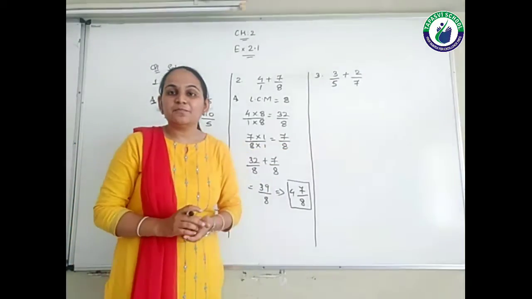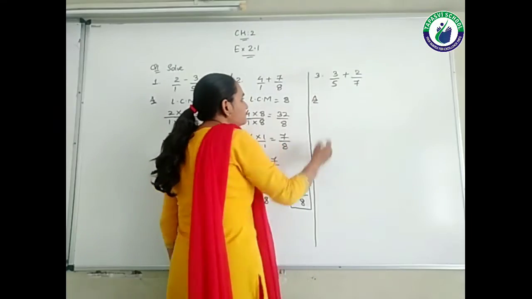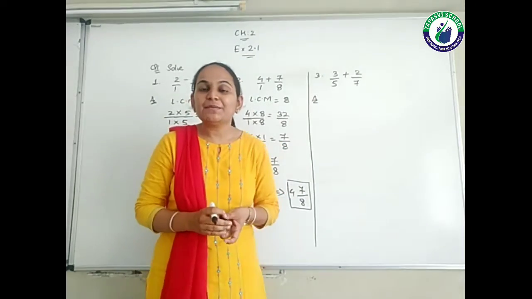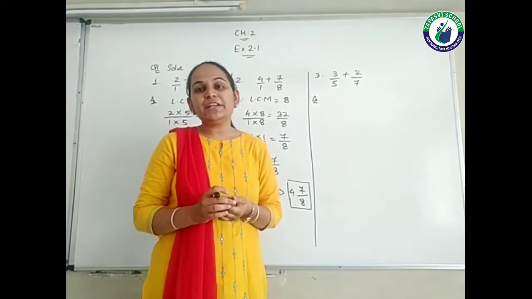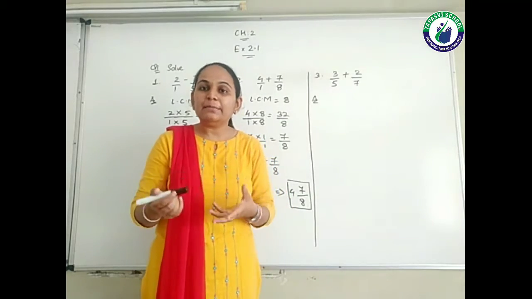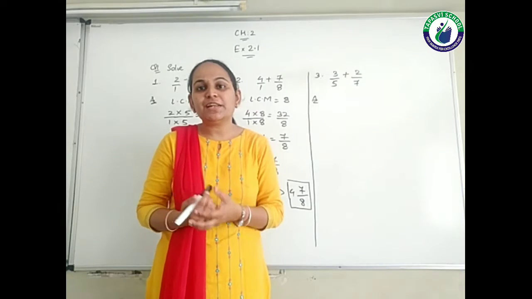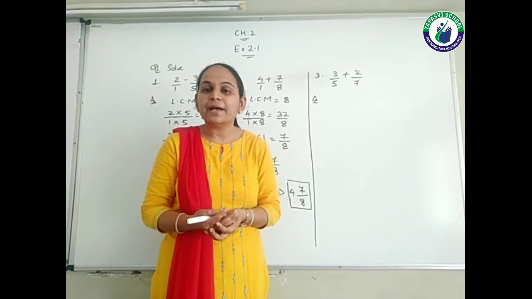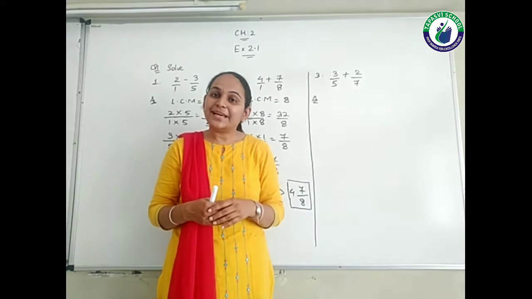Now taking the third question, that is 3 upon 5 plus 2 upon 7. So if you see both the denominators, one is 5, another number is 7. Actually speaking, both are prime numbers. If you remember in a previous lecture, I told you if both the numbers are prime numbers, you can multiply them and get your LCM.